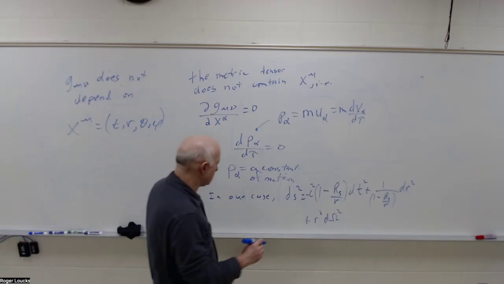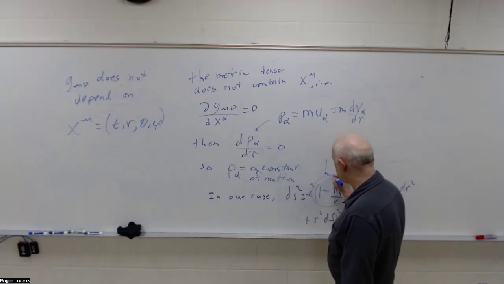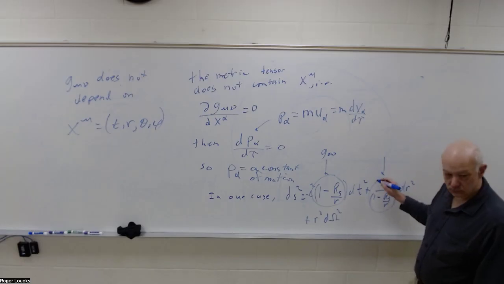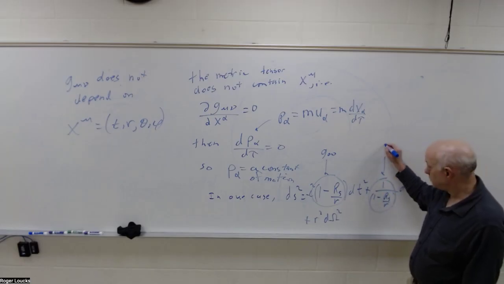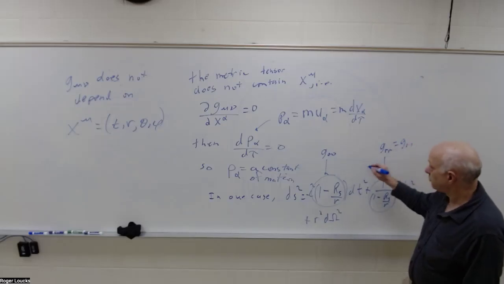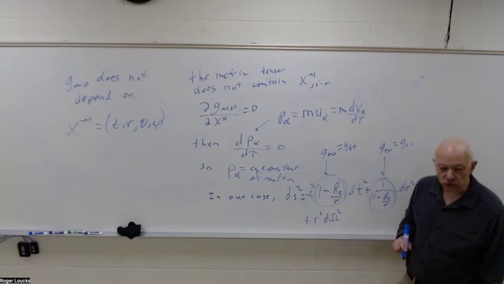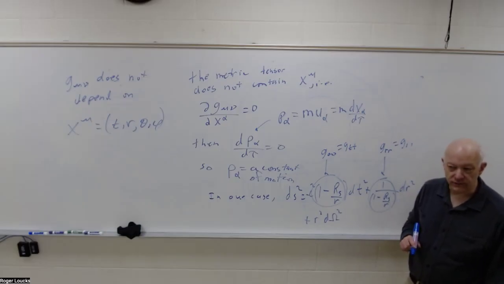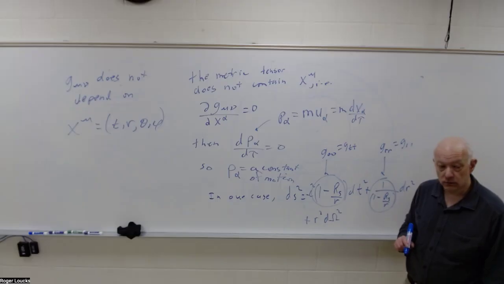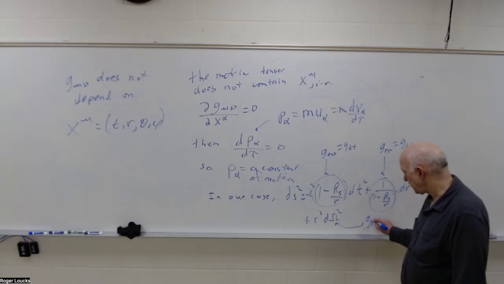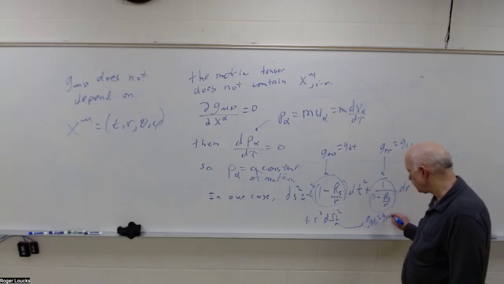So this one is G00, this is G11 or GRR. I can call this GTT if I wish. Now, what about G theta theta, G22, and G33? It's just consistent.